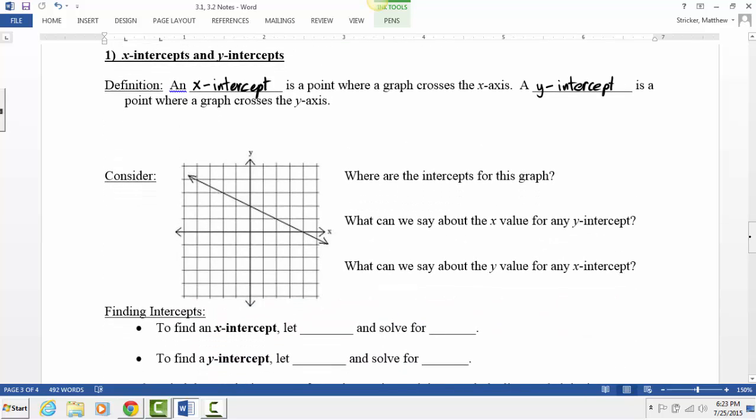So if I look at this generic line right here, we can see that here is the place where it crosses the x-axis. That would be the x-intercept, which is the point 1, 2, 3, 4. It looks like the point 4, 0, and then the y-intercept goes up 2 spaces, so this is 0, 2.